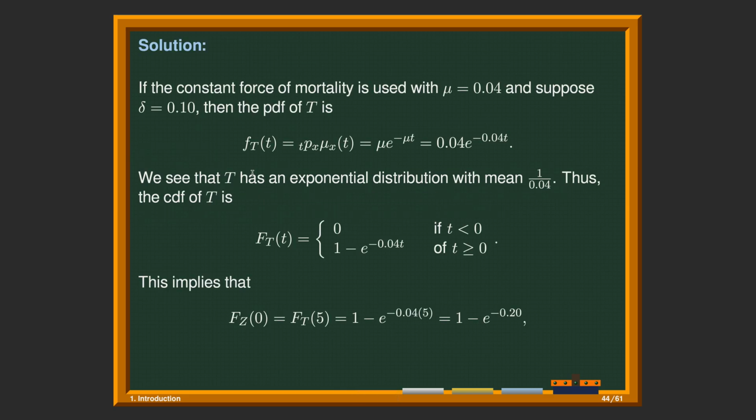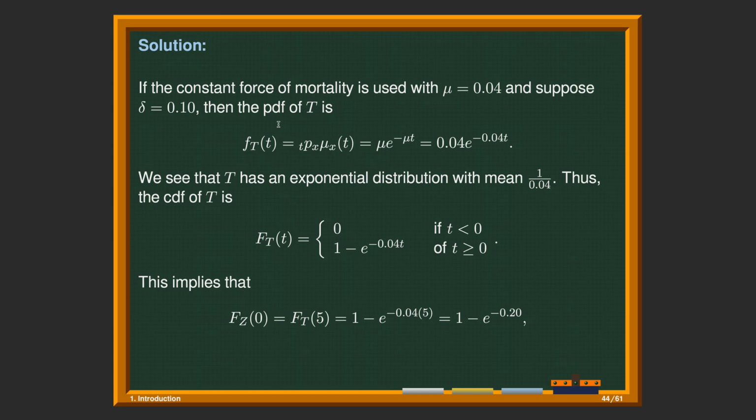Okay? And then from the discussions earlier, we note that if the assumption on mu is that it's constant, the PDF of t takes this form, right? It's mu e to the negative mu t. And given that mu is 0.04 for this particular example, this would be the PDF of t. And if we take note, this is actually the exponential distribution.